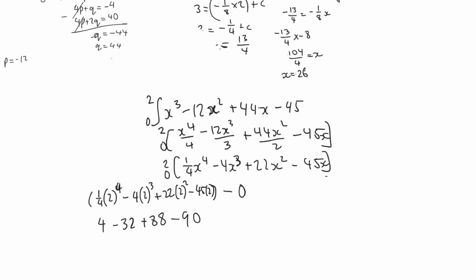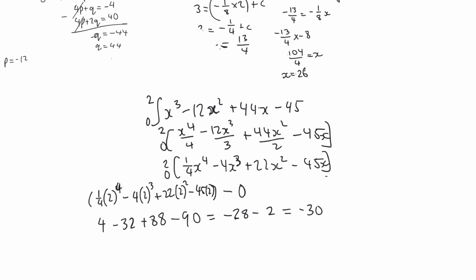So now that we have that, we need to simplify this. So that would all simplify into, because 4 minus 32 is minus 28, 88 minus 90 is minus 2, and then that would be minus 30.